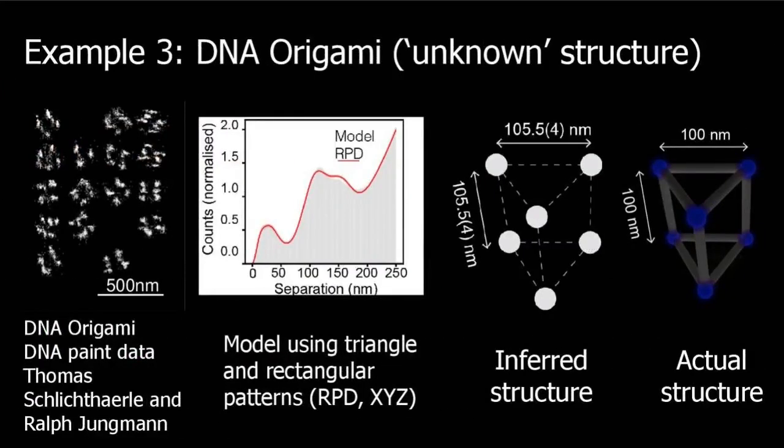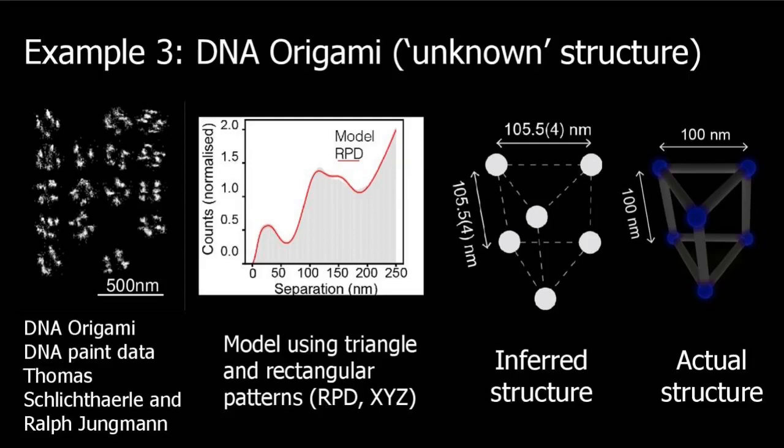So we've got some other examples here. This is some data very kindly provided to us by Ralf Jungmann's group, where they made some DNA origami structures for us and imaged them and didn't tell us what they were, and we had to work it out completely blind, just to see, as an experiment, whether we could take a structure where we didn't know what the actual organisation was, and work it out from first principles.